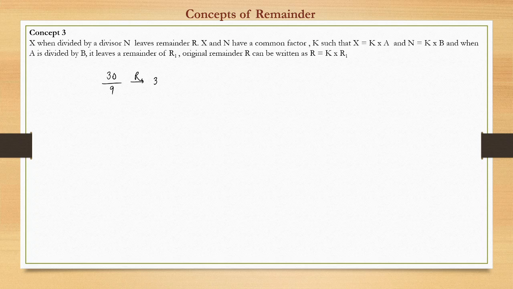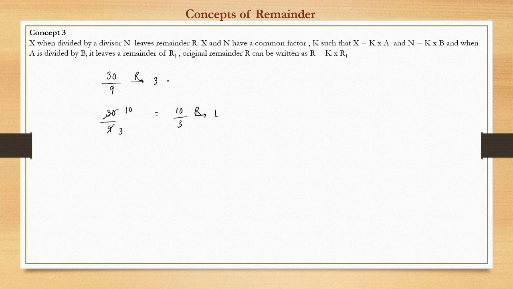But if we now cancel the numerator and denominator both by 3, the number becomes 10 by 3, and now the remainder is nothing but 1. So the original remainder is 3, but after cancelling out and converting to the simplest form, the remainder is 1.